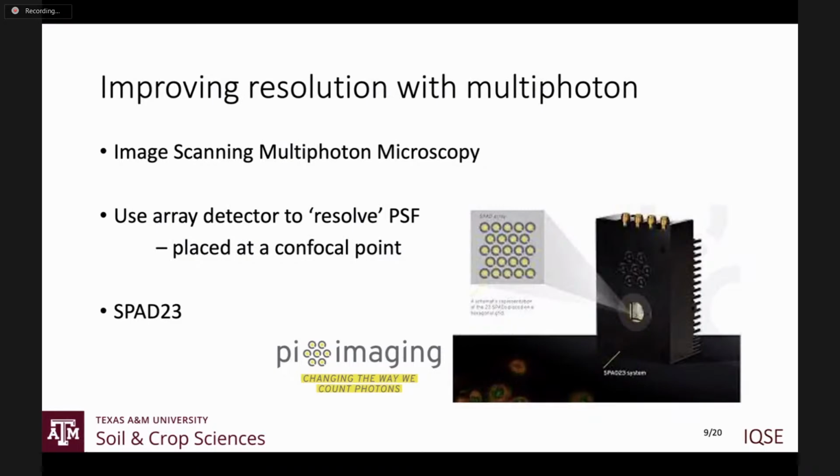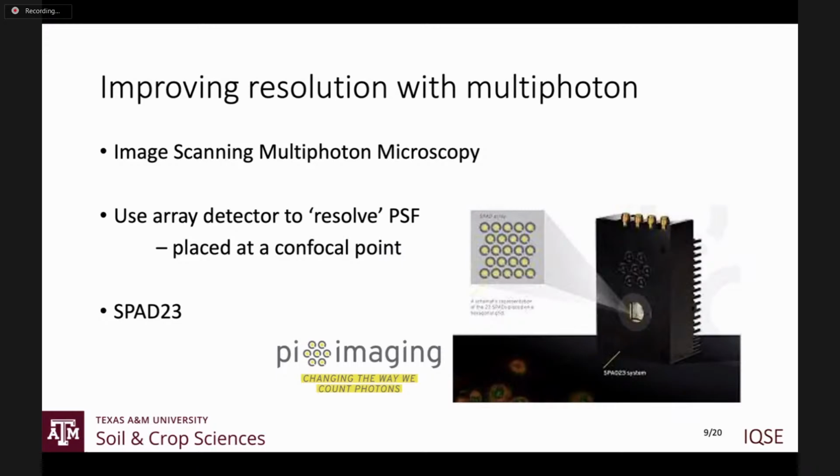So the first part is to do image scanning multiphoton microscopy. In this case, we use an array detector that helps to resolve the point spread function. This array detector, we put it at a so-called confocal point.